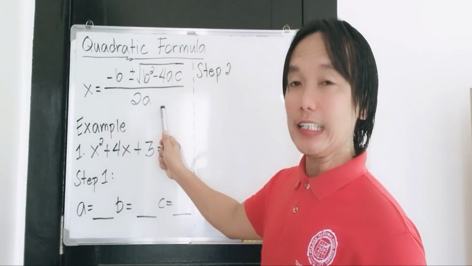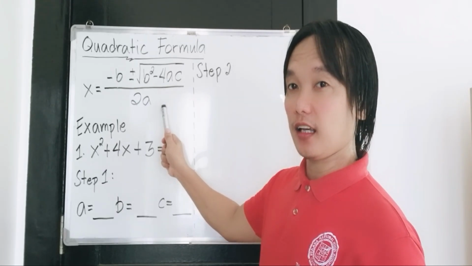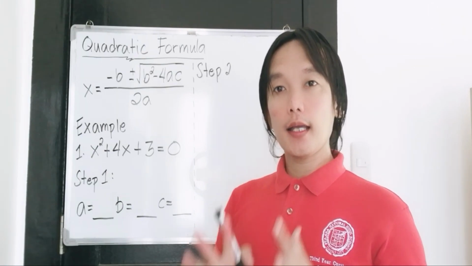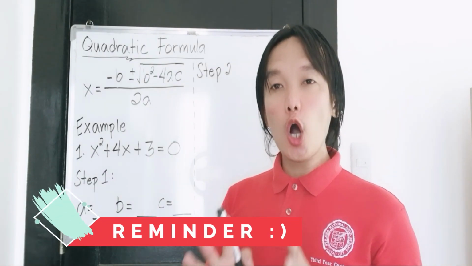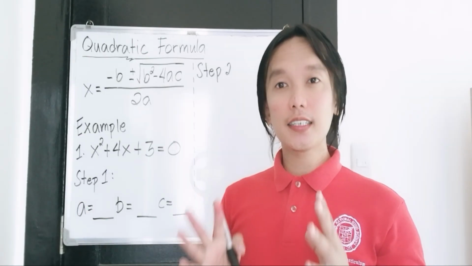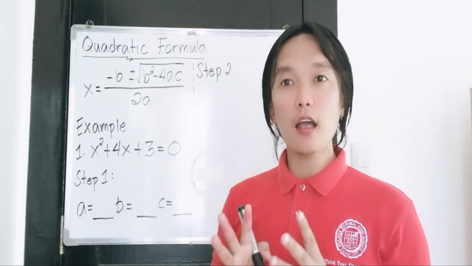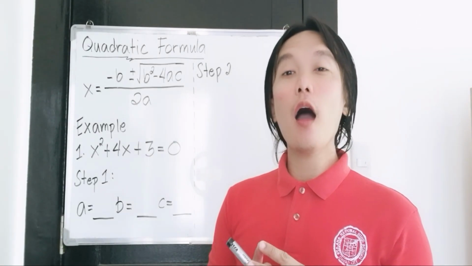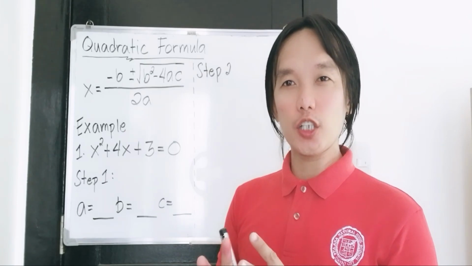This is what we call our quadratic formula. The quadratic formula is used in all types of quadratic equations. This means that the quadratic formula can solve all types of quadratic equations.